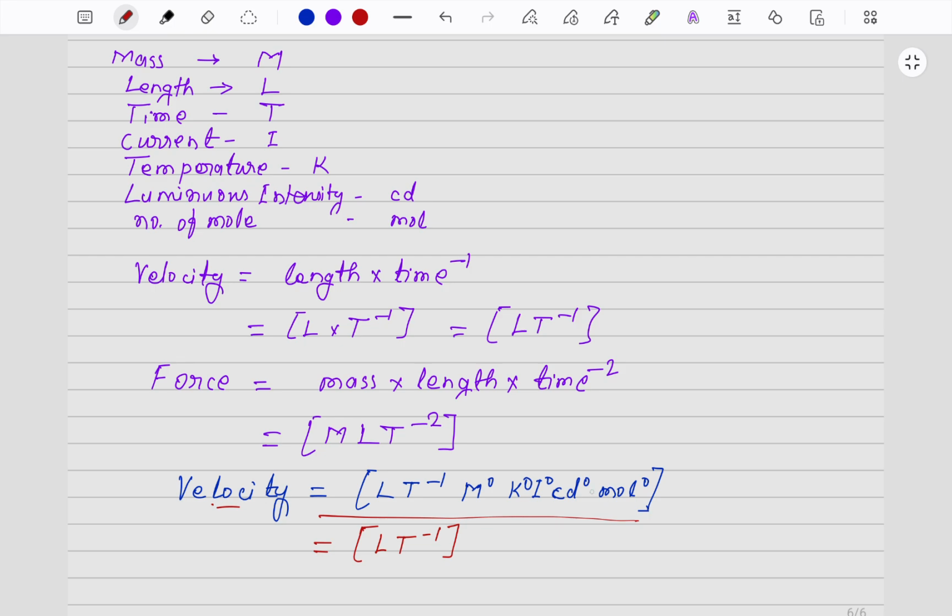So we can say that the dimension of mass in velocity is zero, the dimension of K is zero, the dimension of current is zero, and in a similar way for luminous intensity and number of moles. So for our convenience, we only write those terms that contain a non-zero power.